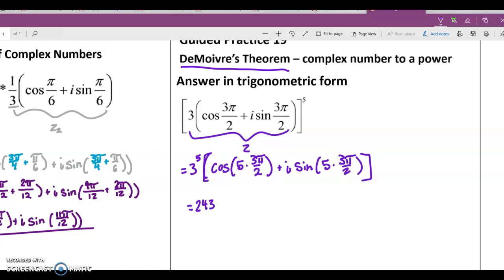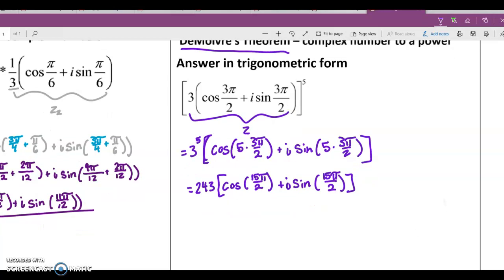Times cosine of 15 pi over 2 plus i sine of 15 pi over 2. Boom, there you go. So that's DeMoivre's theorem.